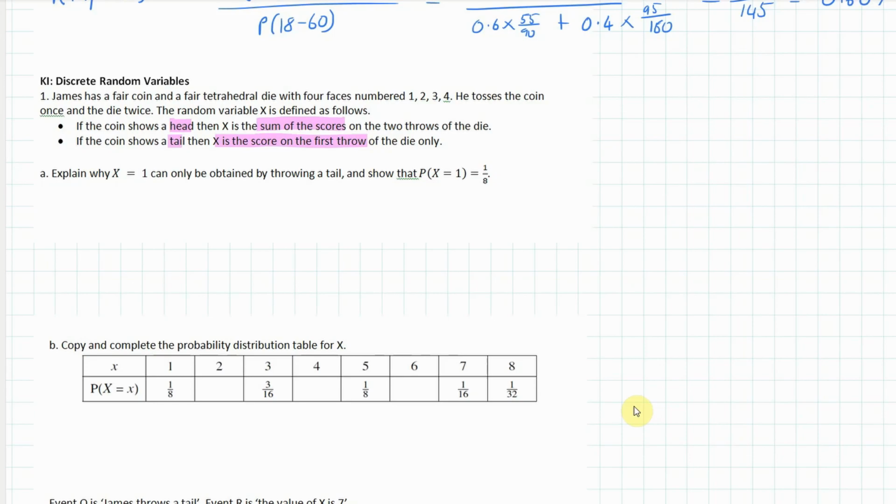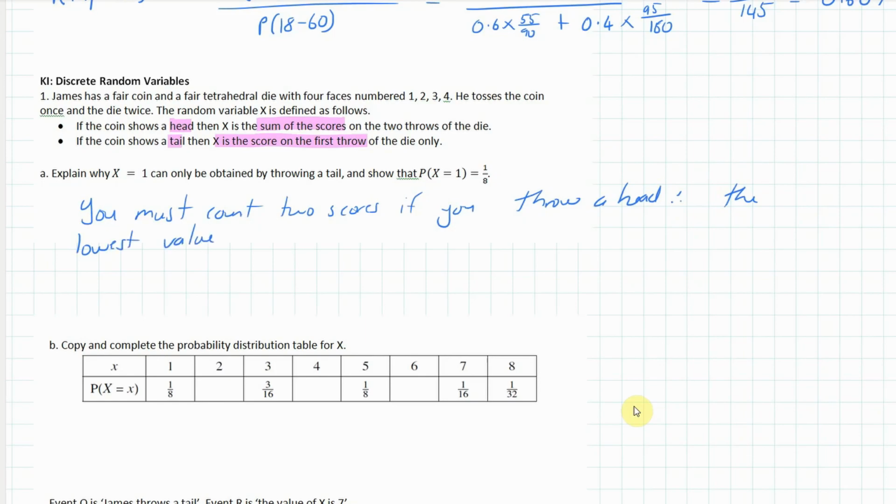Okay, well, you must count 2 scores if you throw a head. Therefore, the lowest value you could get with a head would be 2.